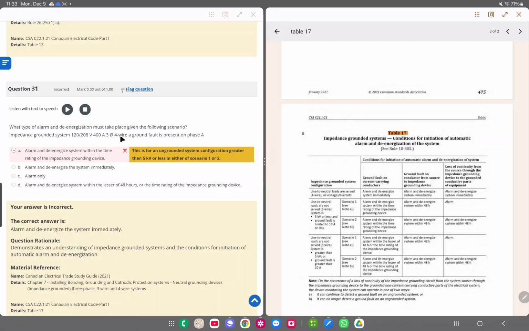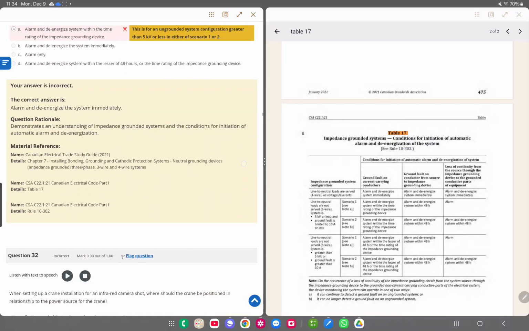There is a 4-wire, a ground fault is present on phase A. Ground fault on current carrying conductors. So I guess that falls under this. Line to neutral loads are served 4-wire all voltages currents, and it lands on ground fault on current carrying conductors, and the answer is alarm and de-energize system immediately. I think that's how they got their answer.